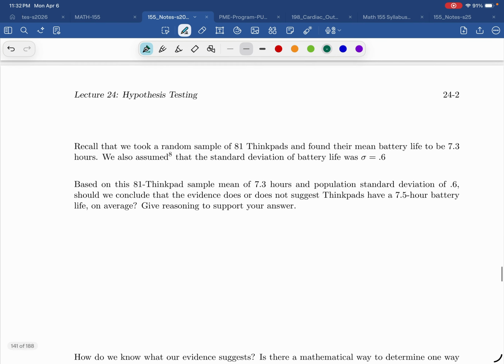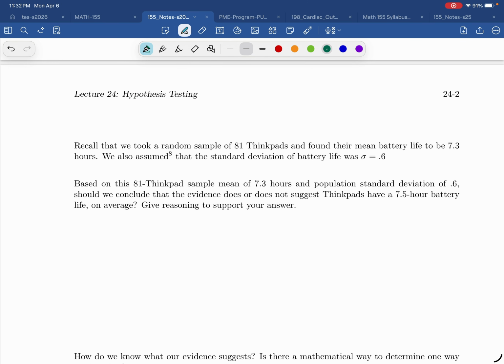Now remember, we had n equals 81 ThinkPads. We had a sample mean or point estimate of 7.3 hours. And we assumed that the standard deviation for battery life for the population was 0.6. So we're going to test this data against Lenovo's 7.5 hour battery life claim.